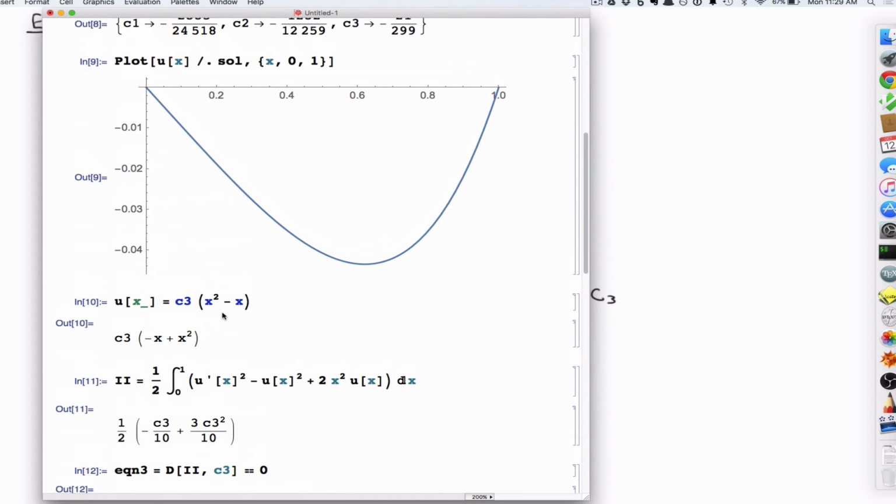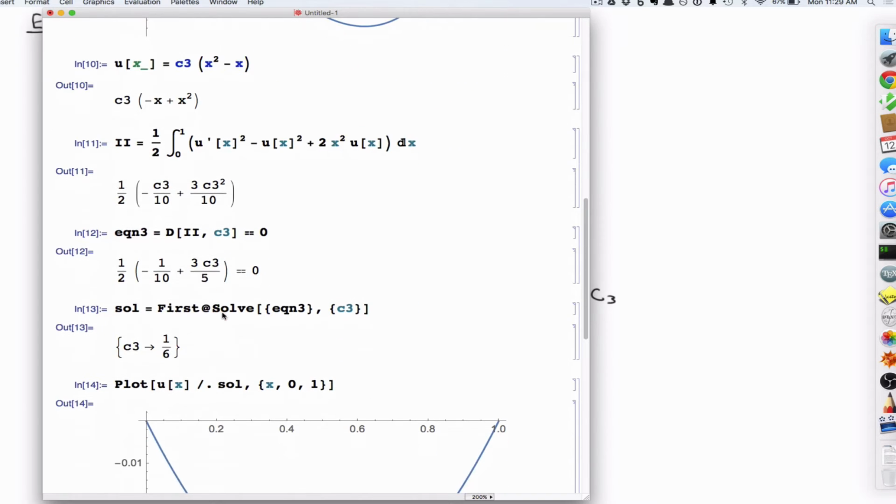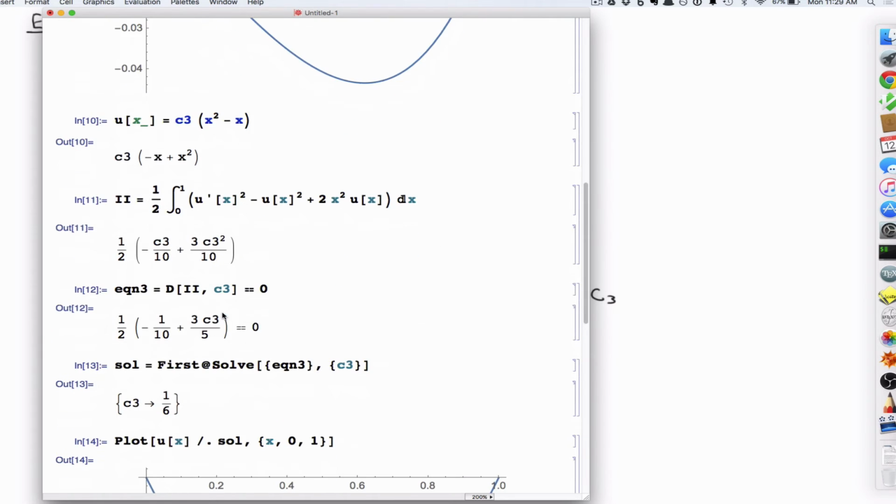So which one do you think is right? Well, they're both approximations, right? Turns out this differential equation we can solve.